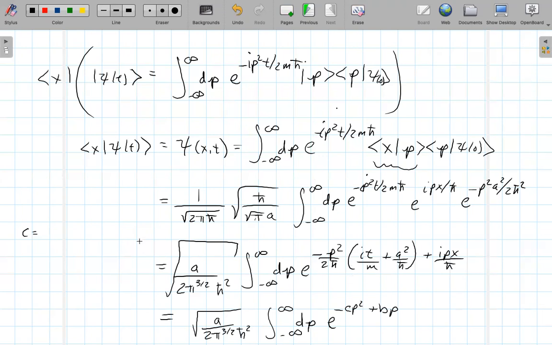All this stuff here. So this is going to be equal to 1 over 2h bar times it over m plus a squared divided by h bar. And then b is going to be equal to what? i times x divided by h bar. So this is my b.